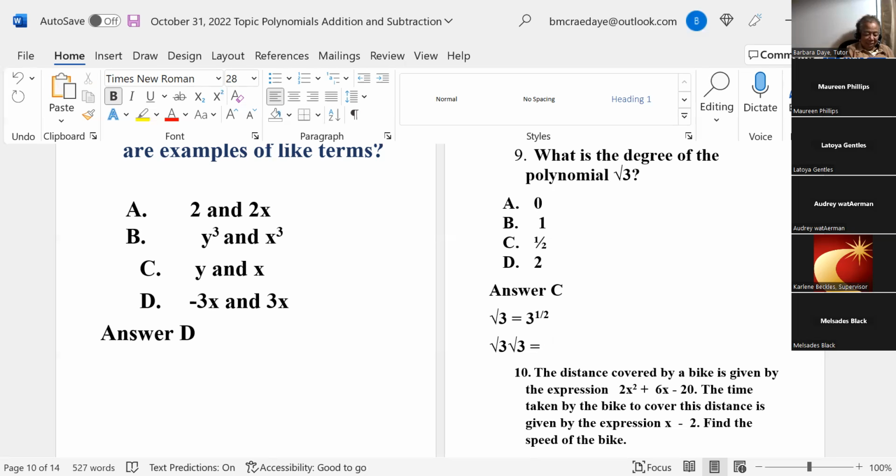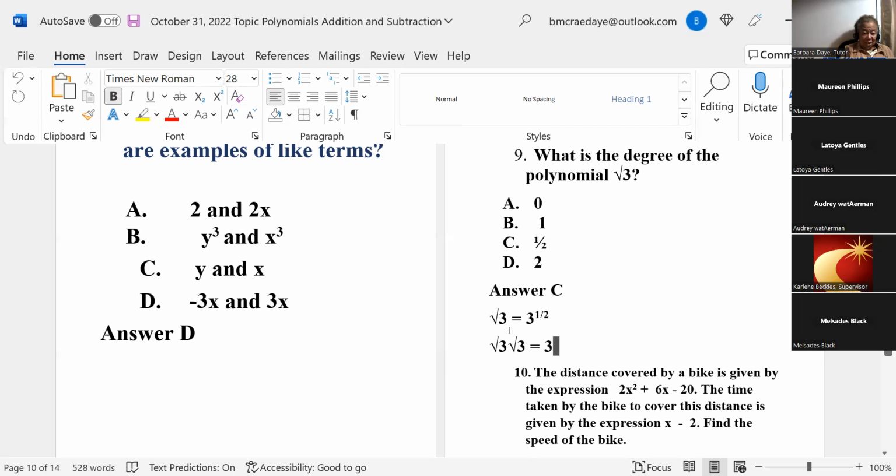Yes, 3. In order to get a 3 to the 1, each one of these has to be 1/2, and you have to multiply. Can you see that now? Yes, ma'am. I remember that. Remember, when you multiply a radical by the same radical, you get back just the number under the radical. In other words, square root of 10 times square root of 10 is just 10.